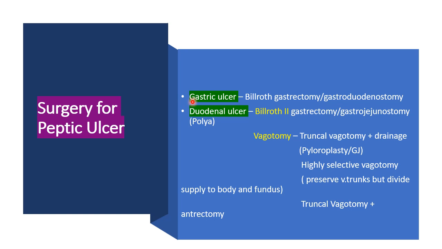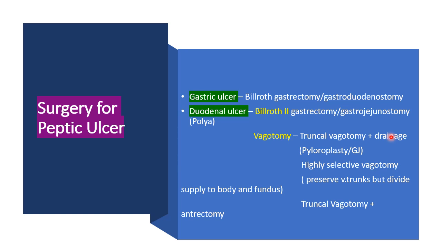These are the general principles of treatment. For gastric ulcer, we do a Billroth 1 gastrectomy with gastroduodenostomy. For duodenal ulcer, you do a Billroth 2 gastrectomy with gastrojejunostomy. This is known as the Polya operation. Then there is vagotomy. There are 3 types: truncal vagotomy and drainage.